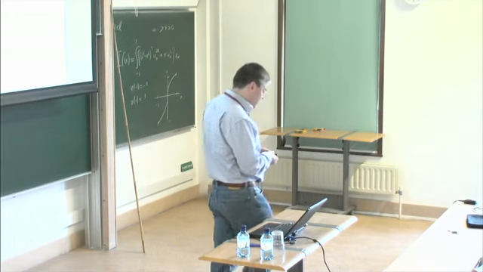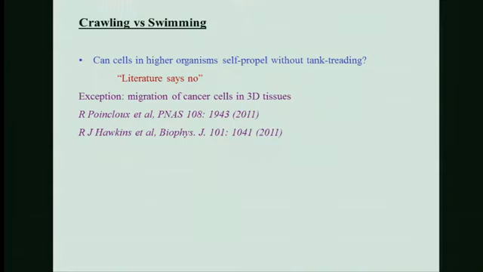Well, most of the literature does appeal to this polymerization process as the source of cellular locomotion. There's a bit of evidence from a group in Paris and Rhoda Hawkins, who's now in Sheffield, in particular in relation to cancer cells in three-dimensional tissues, which suggests differently. So I'll come back to that at the very end.